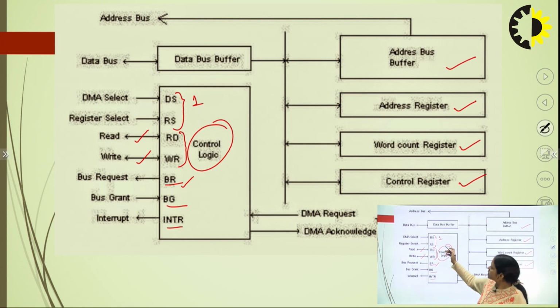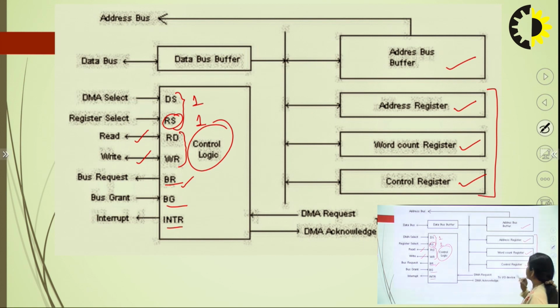Now, after the DMA is selected, what should be 1 next? This is register select, because we have these 3 important registers, so they are selected by the register select signal. So, this is the main control logic in the DMA controller.